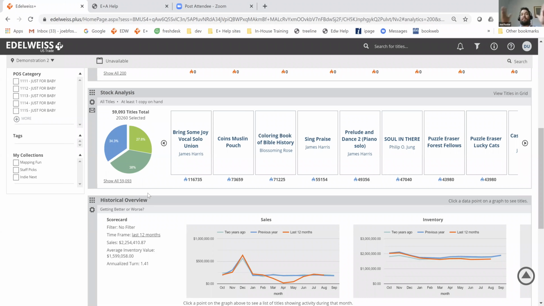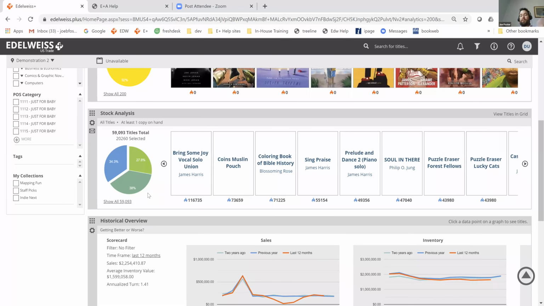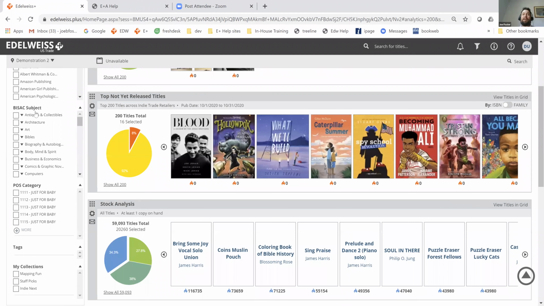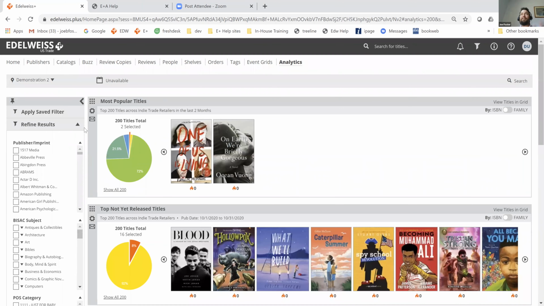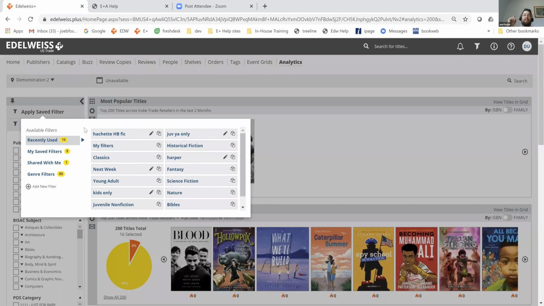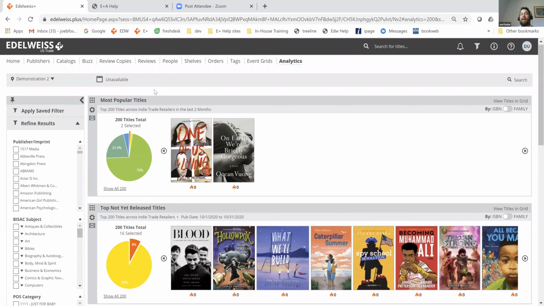If you do have your store set up into quadrants, you can create a saved filter based on the point of sale categories that are within that section of your store. You click into that and you can create a spreadsheet super easy from that. Whether you do it that way or by sight, which some people do, that's fine too.